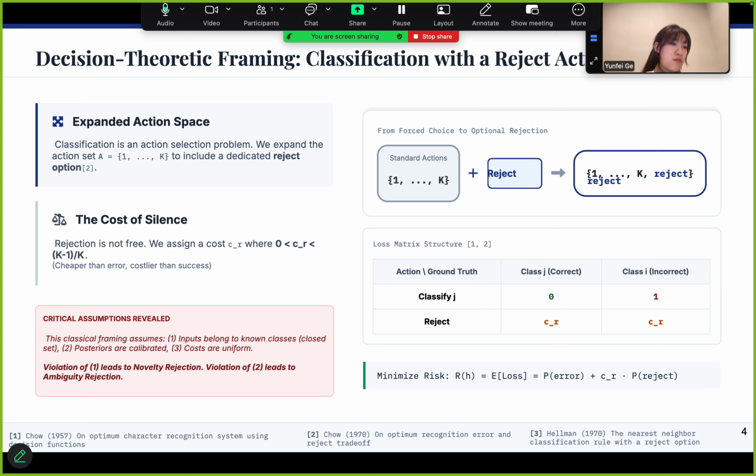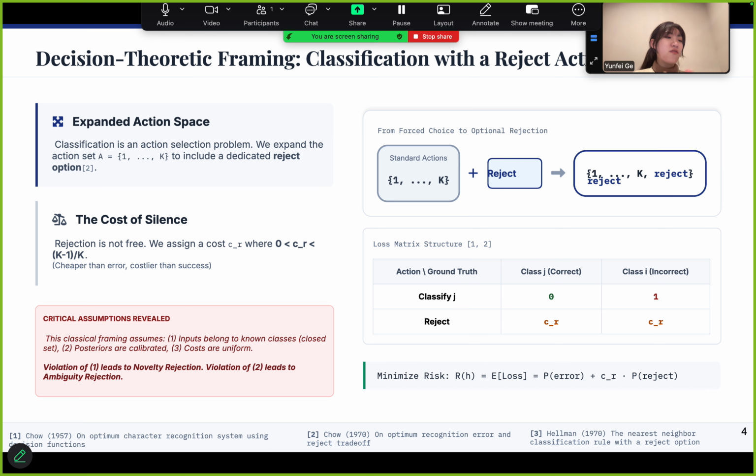To make this sensible, we assign the rejection action a cost, c_r, where c_r is strictly between 0 and (k-1)/k. That constraint means rejection is cheaper than the worst misclassification, but more costly than correct classification. So rejection is always better than random guessing, but you would never prefer to reject if you are actually confident. The overall risk is the probability of error plus c_r times the probability of rejection. You want to minimize that.